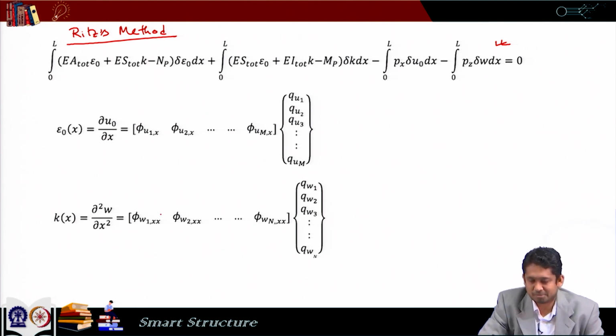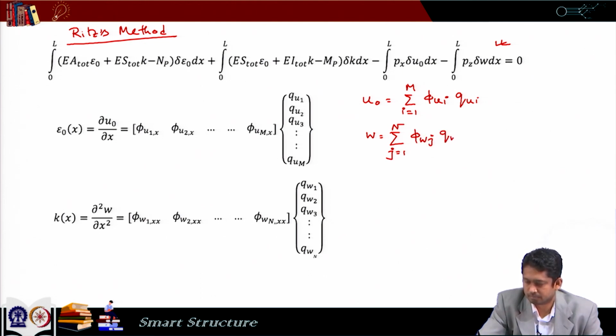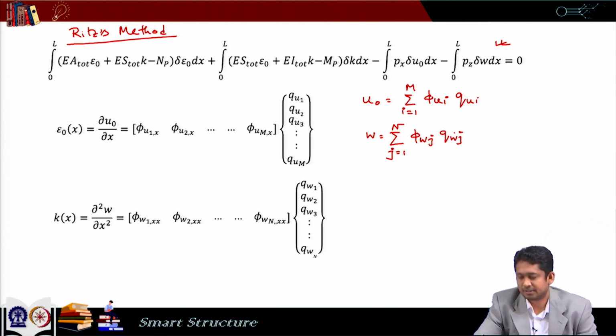Again we have the same approximation that we made before. U 0 is equal to I, and W is equal to this.